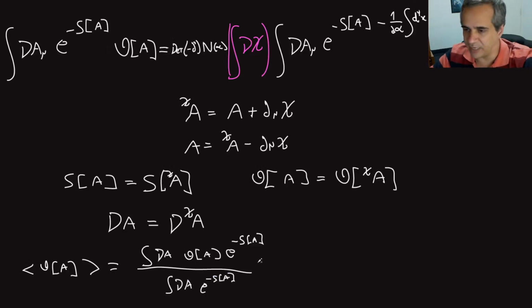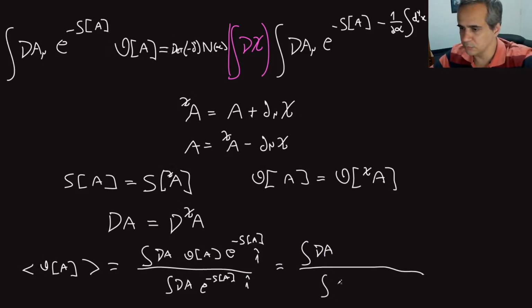I can just put that identity on top and on the bottom, and rewrite this as an integral over A of the observable times the exponential of some effective action.